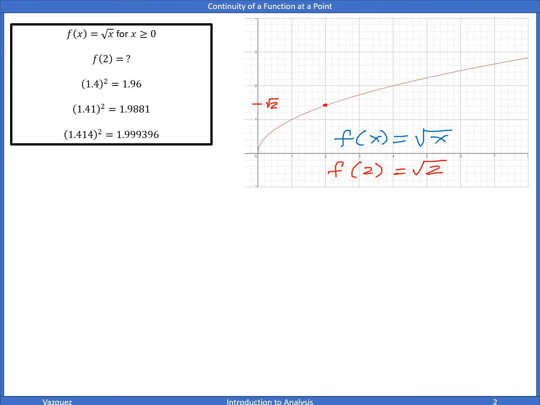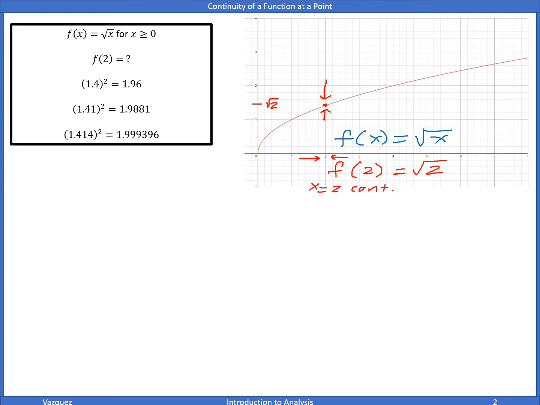My point is that as we get closer and closer to 2, our values get closer and closer to square root of 2. So this function is indeed continuous at x equals 2.